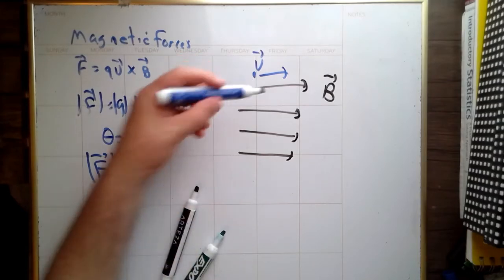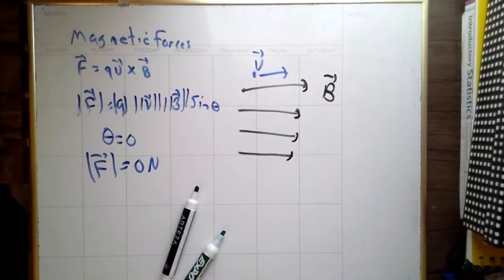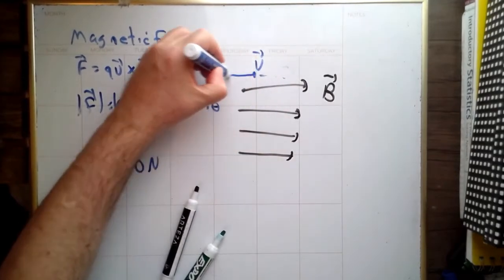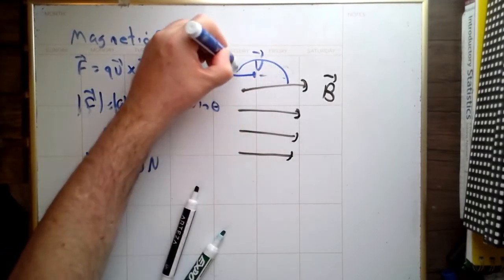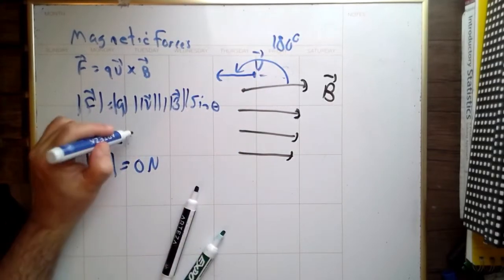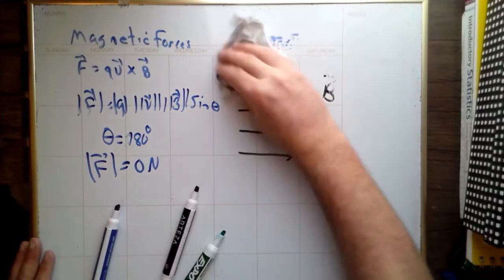This moving charge moving in the same direction as a magnetic field doesn't even know it's there. There has to be some angle in between them, even if it moved in the opposite direction. If the angle between these were 180 degrees or pi radians, sine of 180 degrees is also 0. We wouldn't feel any magnetic force there.